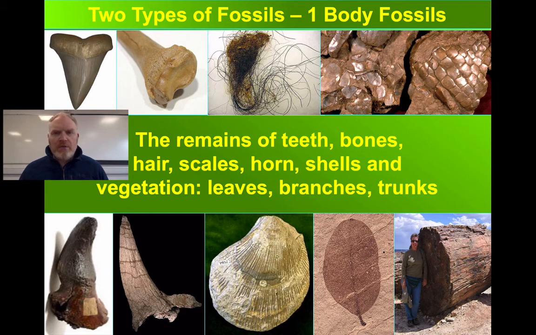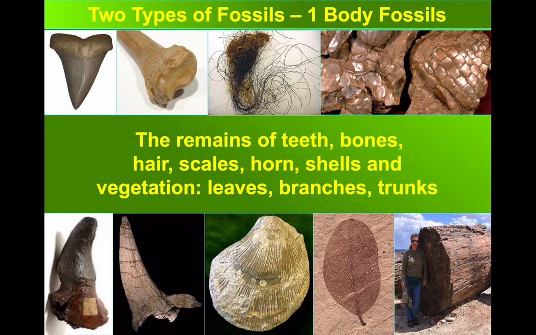Some part of an organism's body that gets preserved. It could be preserved as an imprint of that, but it's the body itself that we see a record of within the rock. Most of the fossils we deal with are body fossils. But they're not the only type.